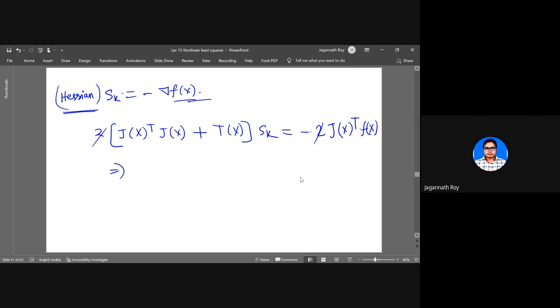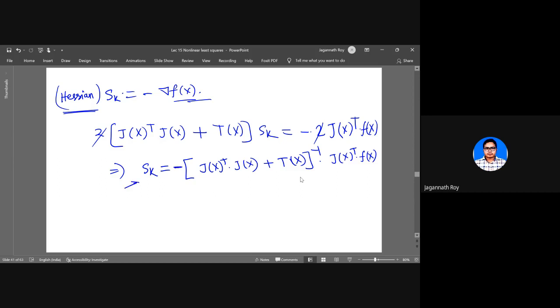So here you will get that s_k, this direction, will be the inverse of Jx transpose Jx plus t of x, times Jx transpose into f of x, and this is negative.